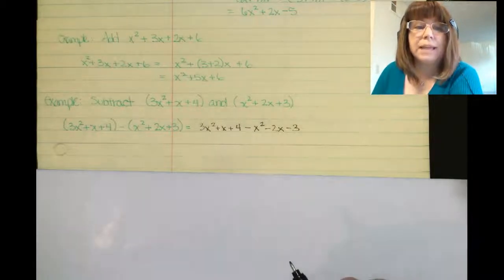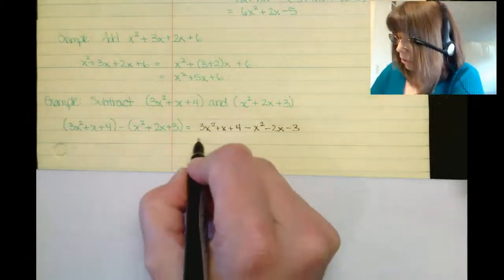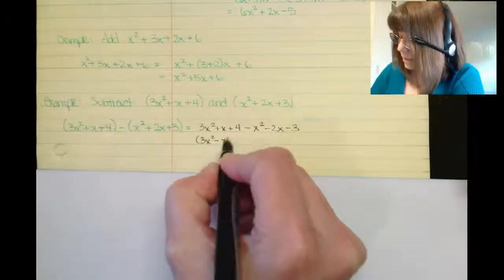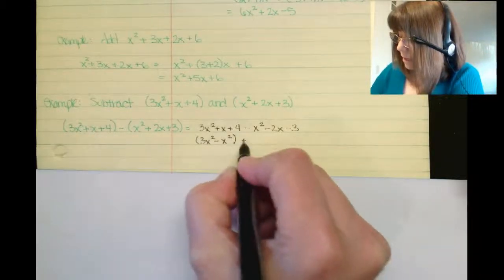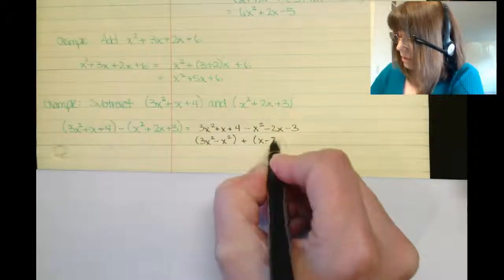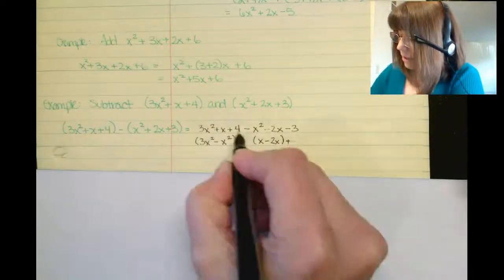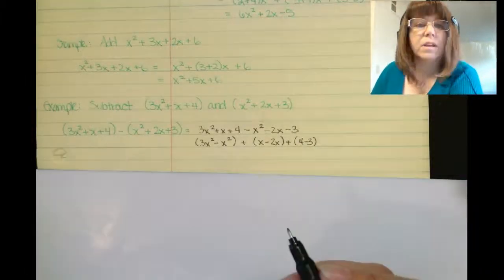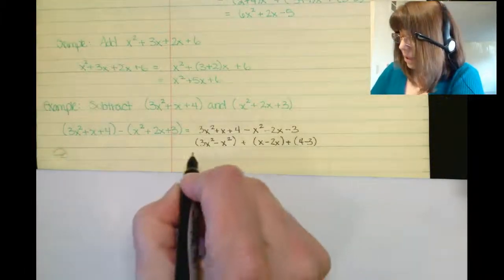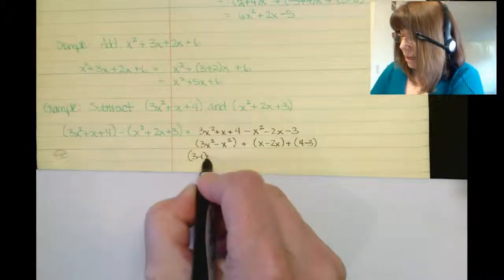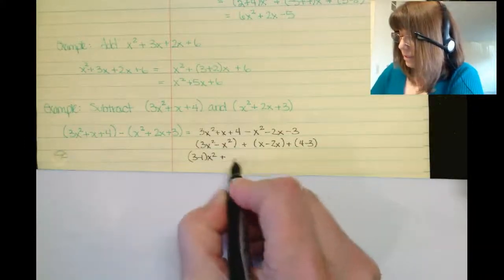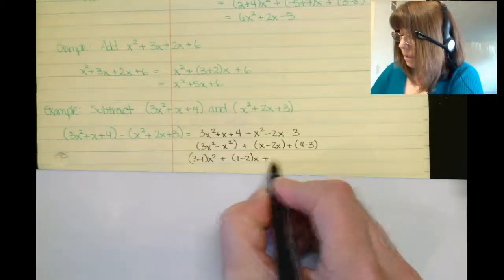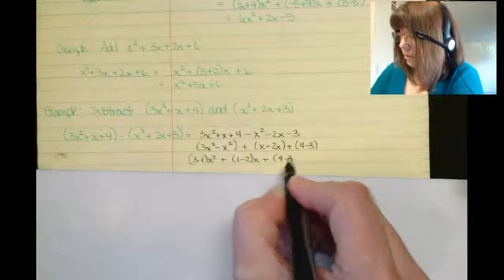Now I can combine like terms. So I'm going to group them: 3x squared minus x squared plus x minus 2x plus 4 minus 3. Another way of writing it is 3 minus 1 x squared plus 1 minus 2 x plus 4 minus 3.